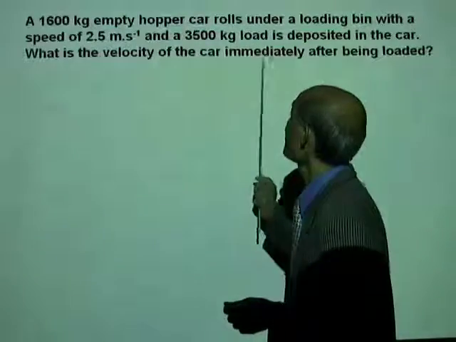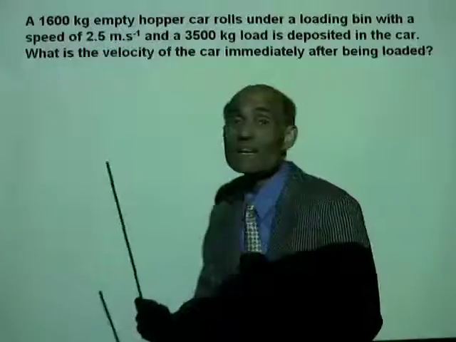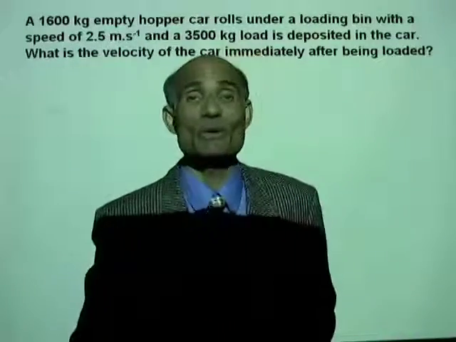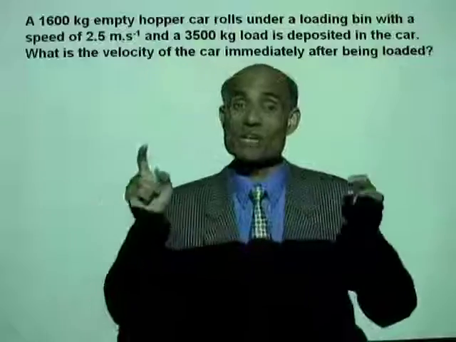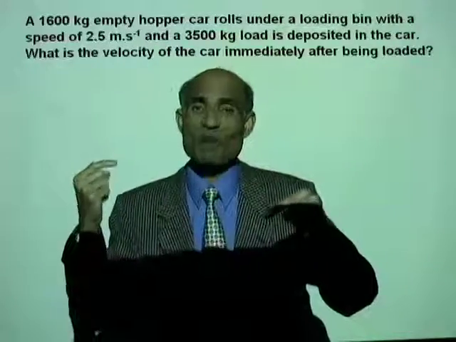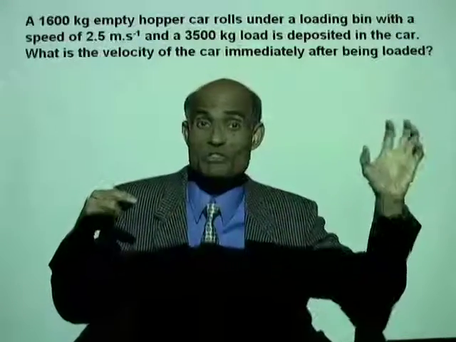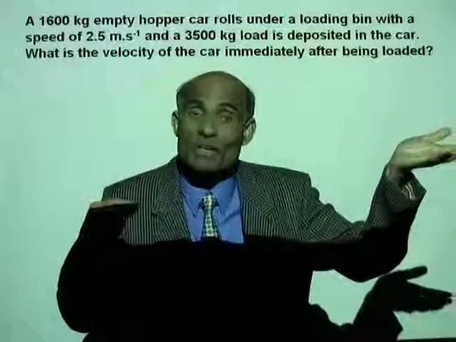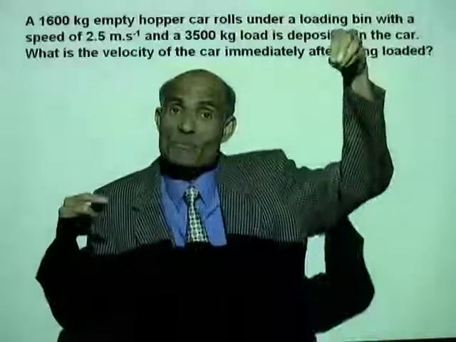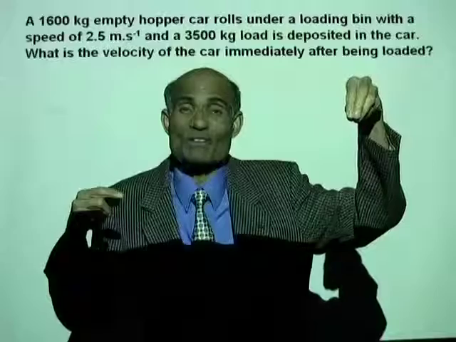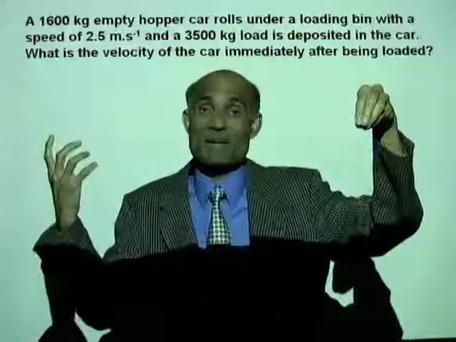What is the velocity of the car immediately after being loaded? Now, do you see any connection between this problem and the first situation of the little trolley and the brick deposited on it? Isn't this exactly the same?